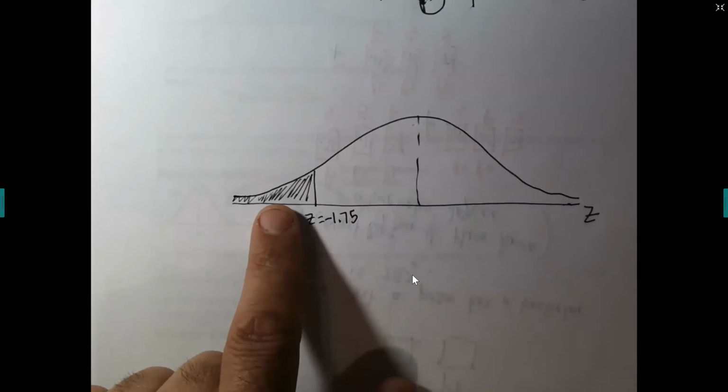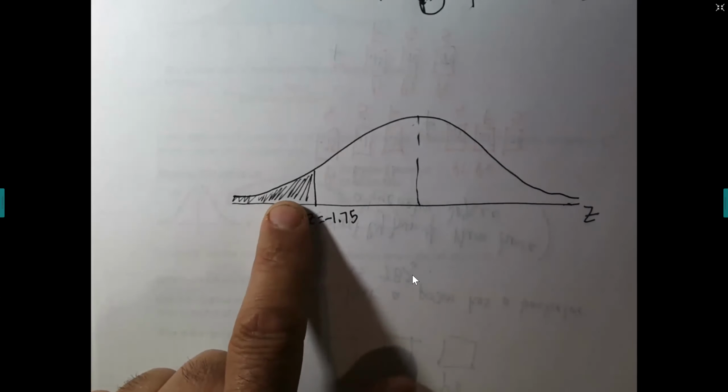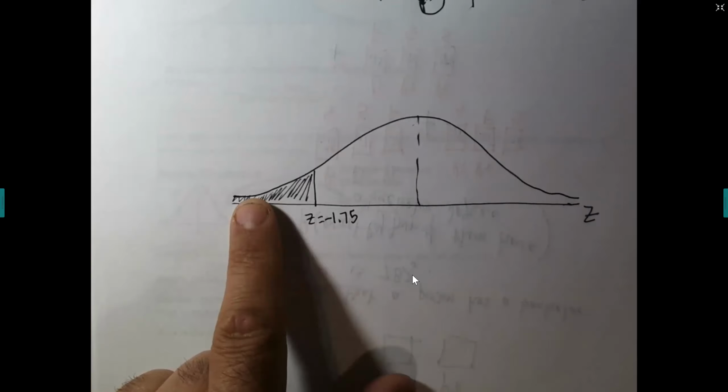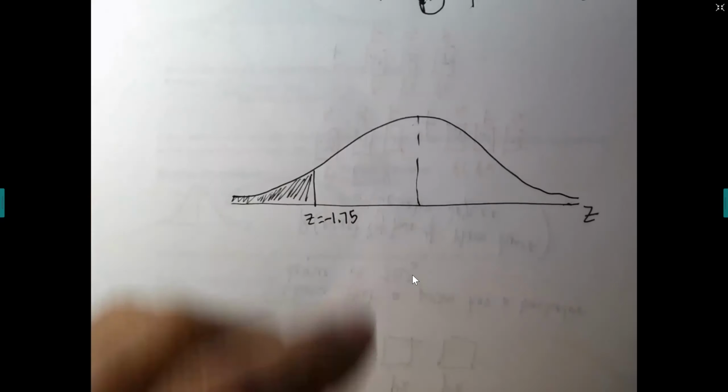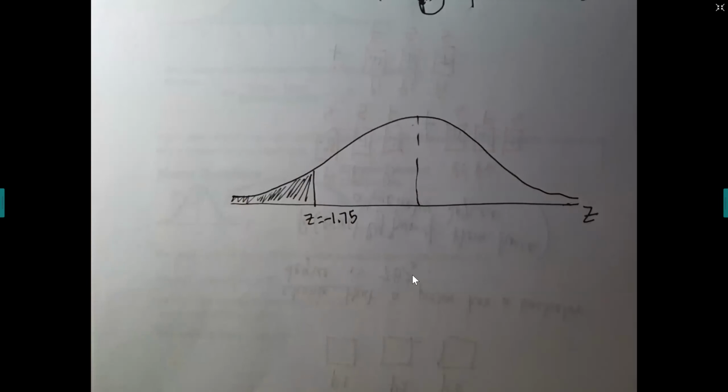I don't think you can tell me what the area is to the left of -1.75. If I give you 4 choices, guys, and one of the choices is less than 50%, and the other 3 choices will be more than 50%, do you guys agree with me that your choice of the answer will be the one that is less than 50%? Yes, because you know it's less than 50% because this is 50%. So my answer is definitely less than 50% for sure.